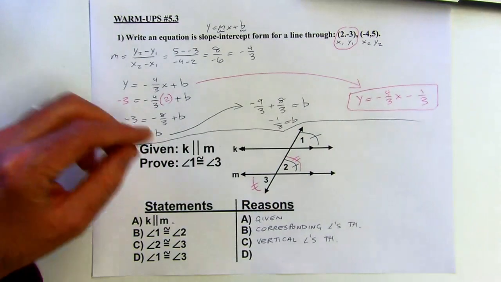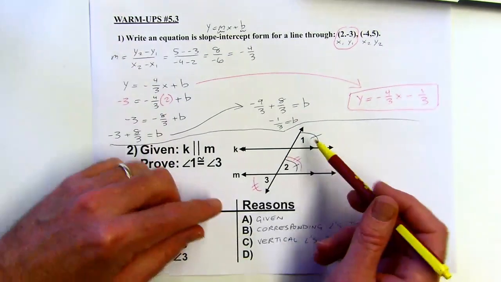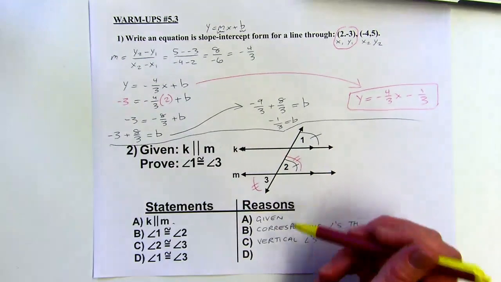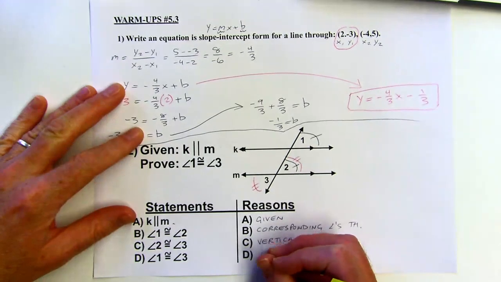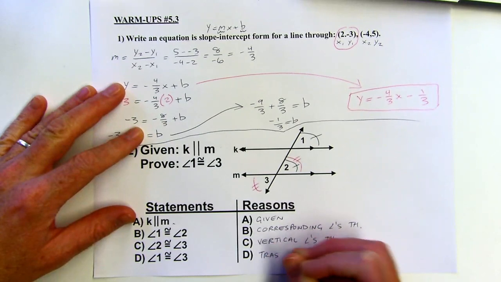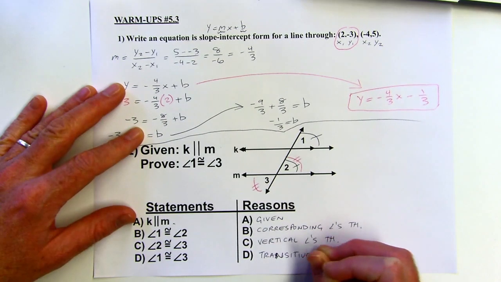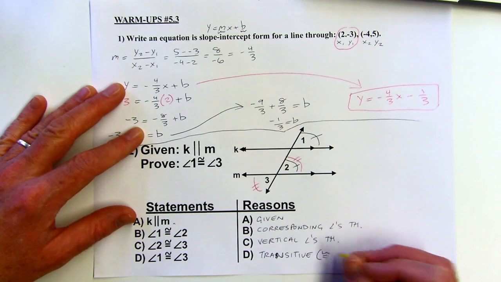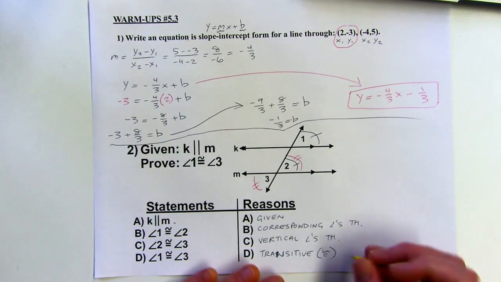So you could do this in two different ways. You could do this with the transitive property of congruence. Means if two things are congruent to the same thing, then they're congruent to each other. So I'm just writing that as short for property of congruence.